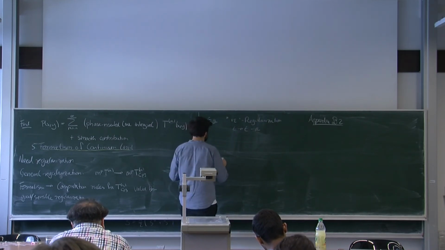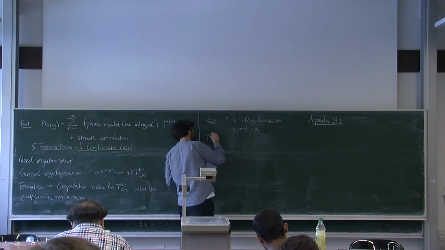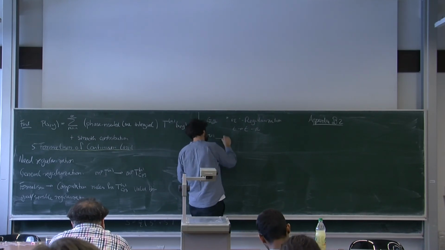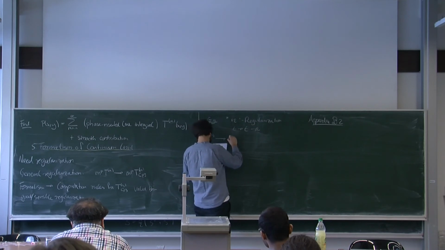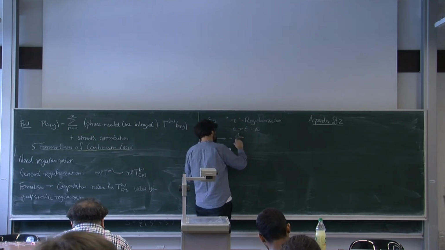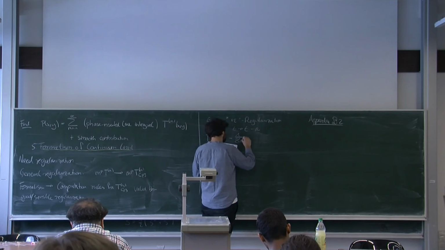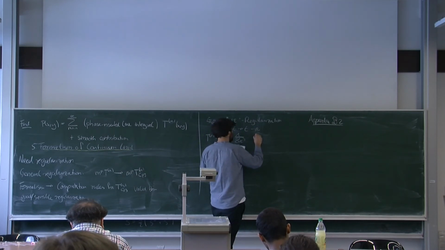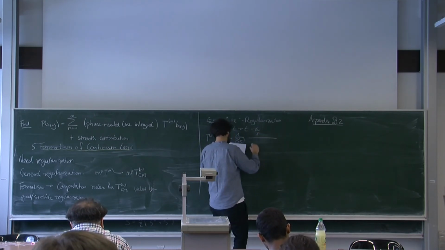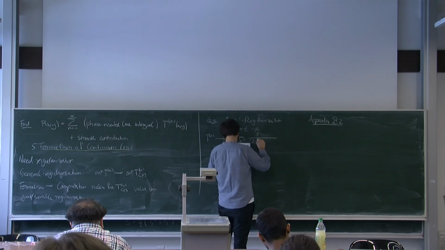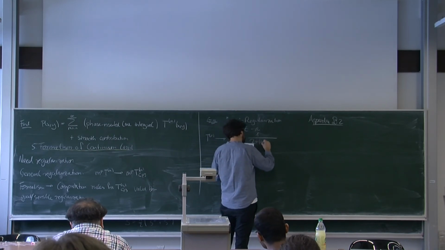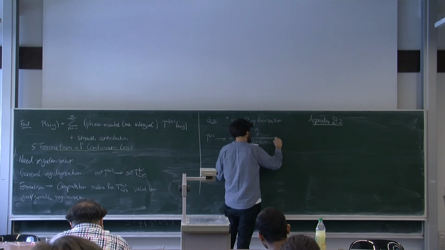And just to give you an example, in this case the t0 would be described by a quantity which, just to give you a little bit of intuition, is 1 over 8 pi cubed, and then I have 1 over 2r, and I would have t minus r minus i epsilon.